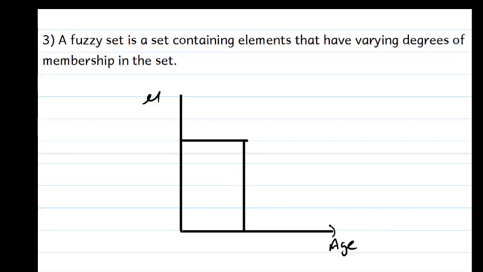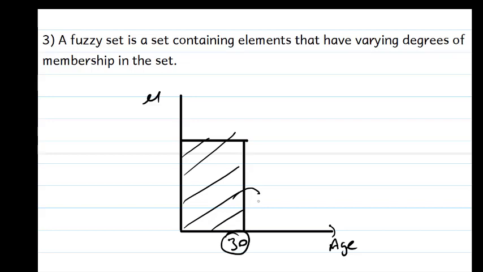Anyone from 0 to 30 will be classified as young, and above 30 all are not young. So this is how things change from being a member of this particular set to not being a member. Here we can see there is an abrupt change when we cross 30.